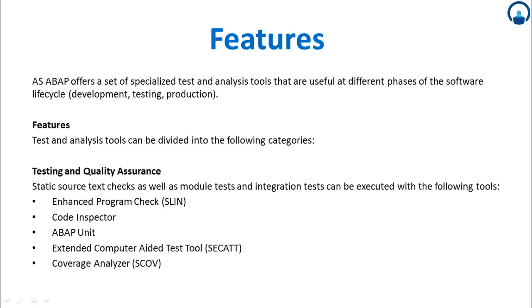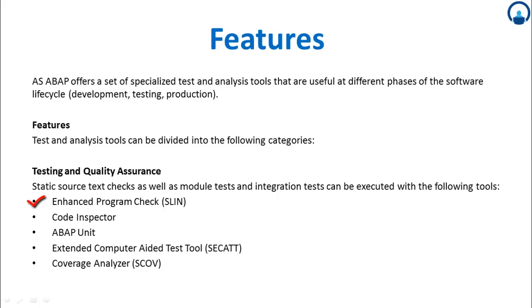Here, the testing and analysis tools can be divided into different categories, like testing and quality assurance. So here we would have the transaction codes for testing and quality assurance. Static source text checks as well as module tests and integration tests can be executed with the use of some of the tools, like the extended program check tool.